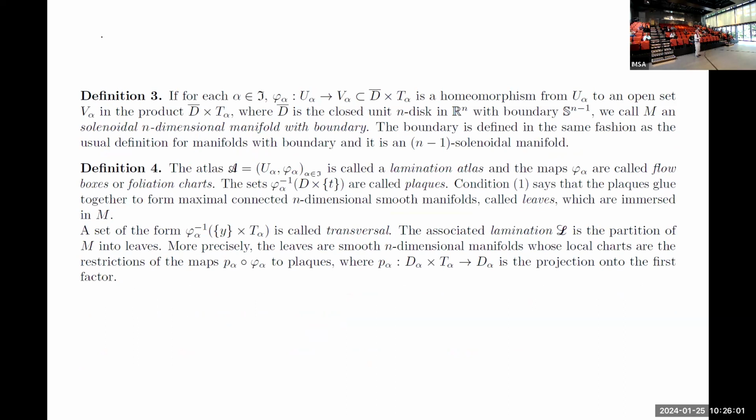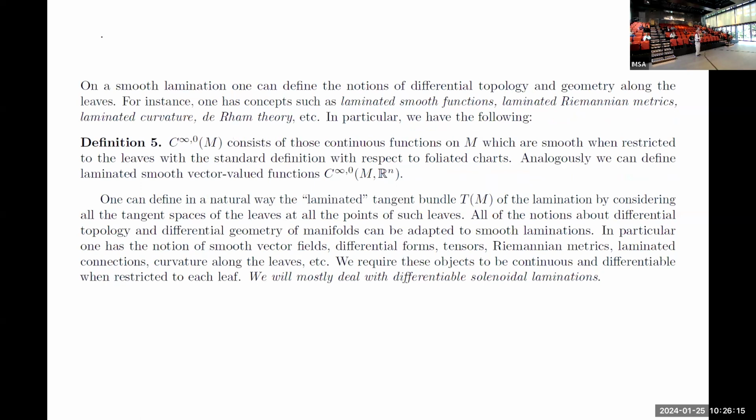This is the definition of charts for foliations, etc. The transversal space is a Cantor set. And for the smooth dimension, as I told you, one can define all the notions of integration, topology and geometry along these. For instance, laminated group functions, laminated Riemann metrics, laminated curvature, Ricci theory, Chern theory, everything you can do.